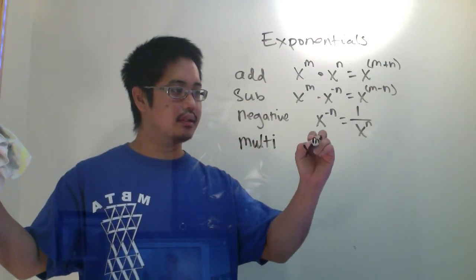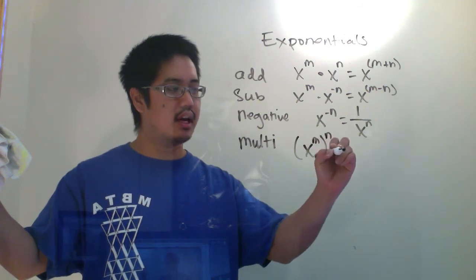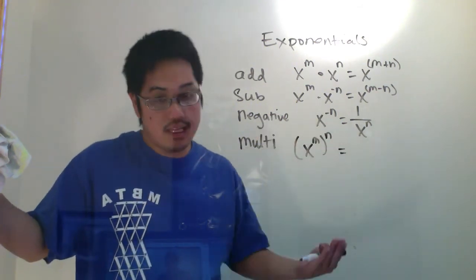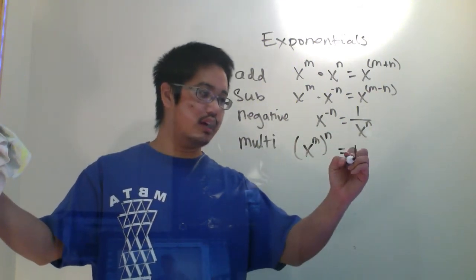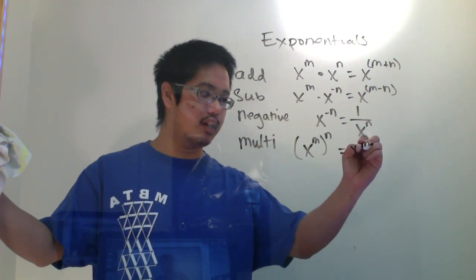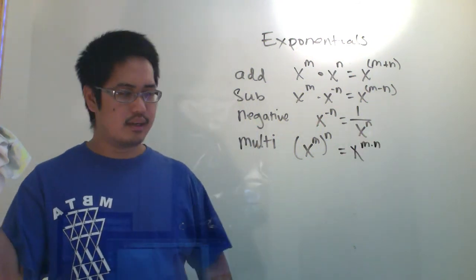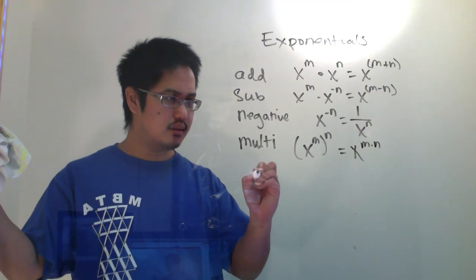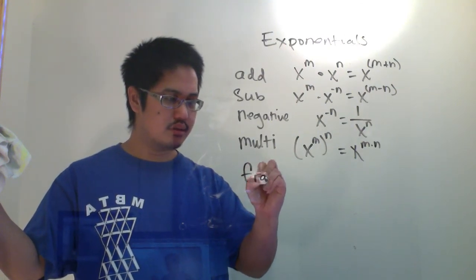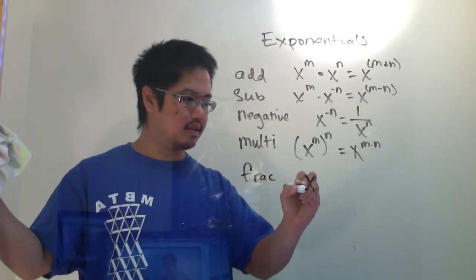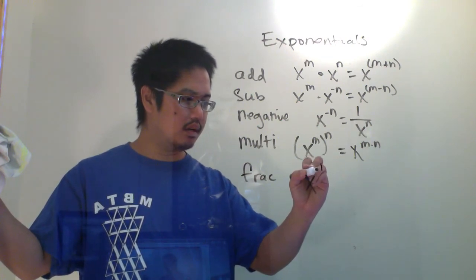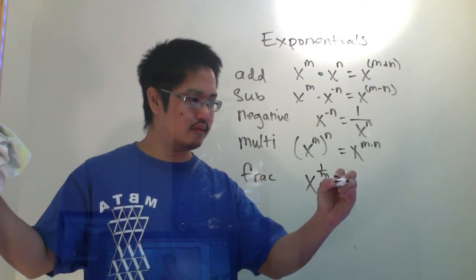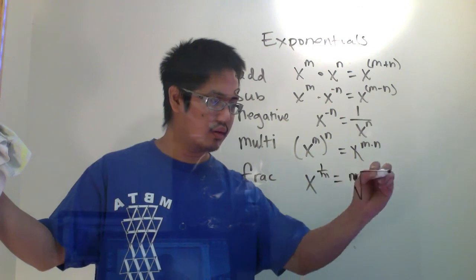X to the m, all to the nth power, is equal to x to the m times n. And fraction. X to the 1 over m is equal to the mth root of x.